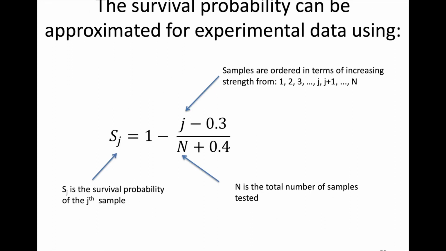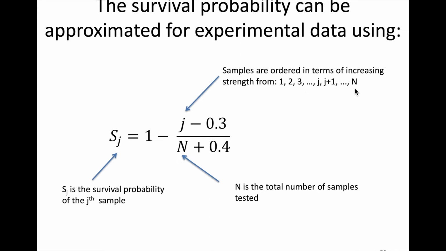For experimental data, we need to be able to approximate what the survival probability is. So for samples that are ordered in increasing strength, we start with the first sample, which is the weakest, and move on up to the last sample, which would be the total number of samples, for example 30 or 100.